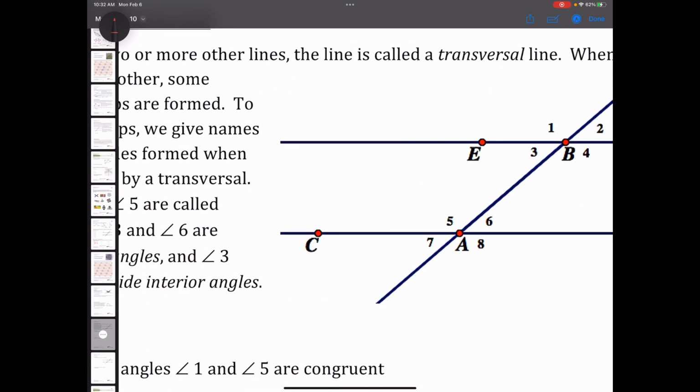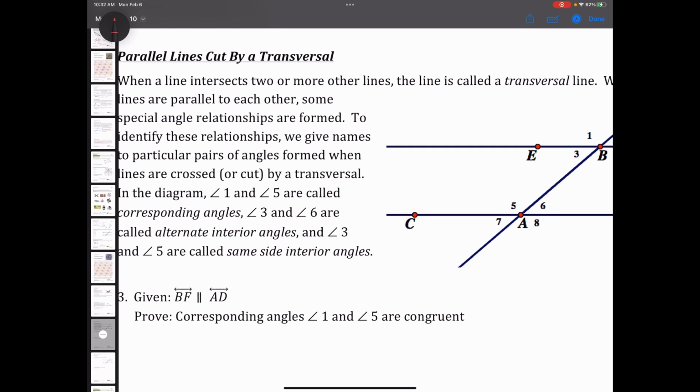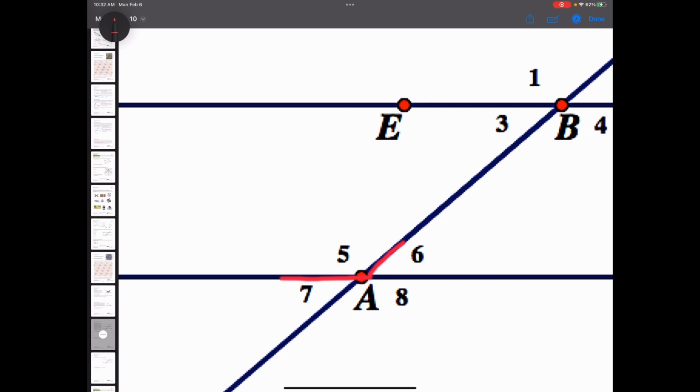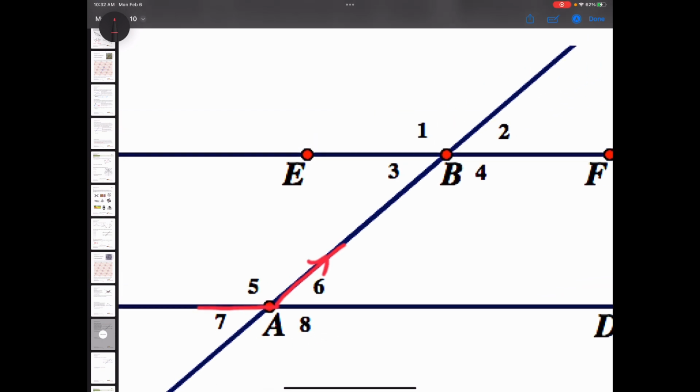They're trying to prove that corresponding angles 1 and 5 are congruent. What does corresponding mean again? They're on the same side, and they're on the same side of the parallel lines too. So you can basically slide it up this transversal and it would fit. I was gonna say one's interior, one's exterior. Oh yeah, that's a good way to say it. So same side, one's interior, one's exterior.